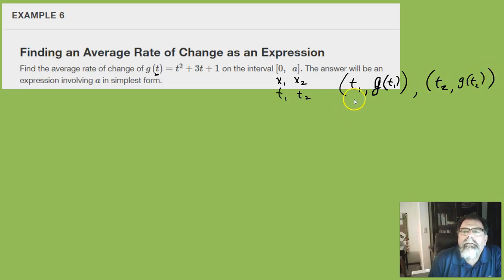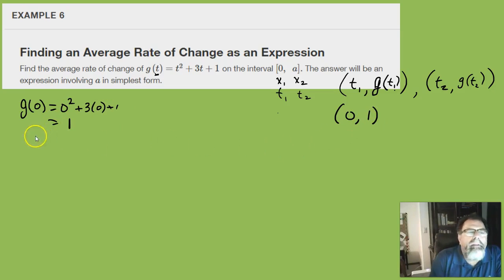So t sub 1 is 0, and then we have to figure out g of 0. Scratch work: g of 0 is 0 squared plus 3 times 0 plus 1. 0 plus 0 plus 1 is 1. So that's our point 1.